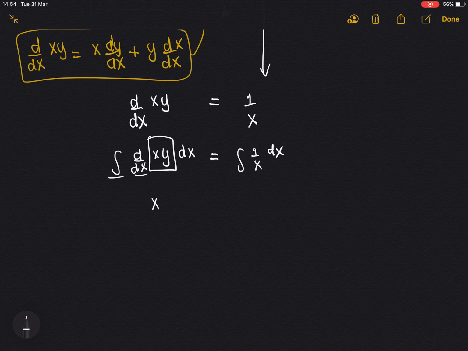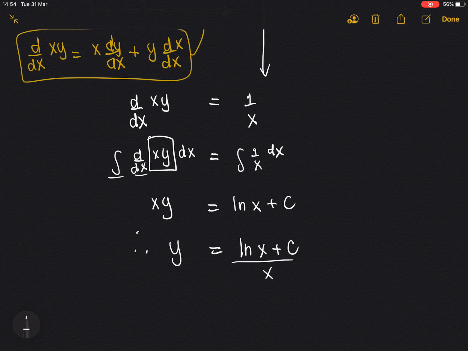Therefore, you will end up with the x and y term left. And on that side here, you will have to perform an integration of 1 divided by x, which is basically equivalent to ln of x plus c. So therefore, our function of y here in this case is ln x plus c divided by x when you move x on the left hand side toward the right hand side of the expression.